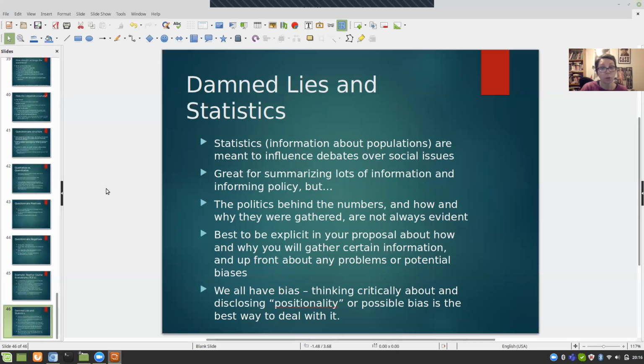Again, statistics are great, and survey data is great because we can summarize a lot of information and we can inform our policies. But the whole history of statistics, of gathering information about populations, it was born as a discipline as a way to influence debates over social issues. And that's primarily how it's used today, if you think about it.